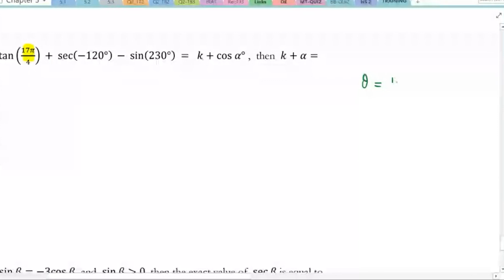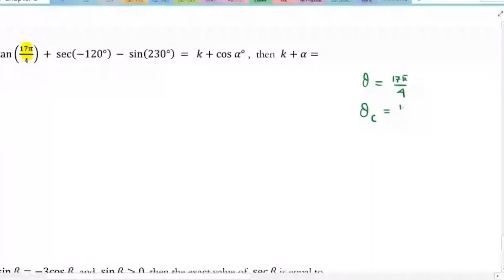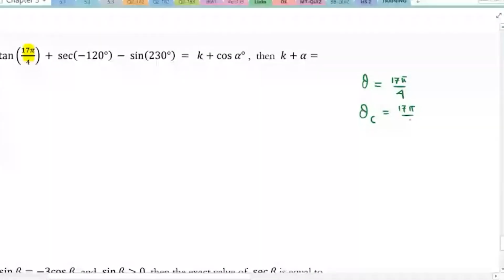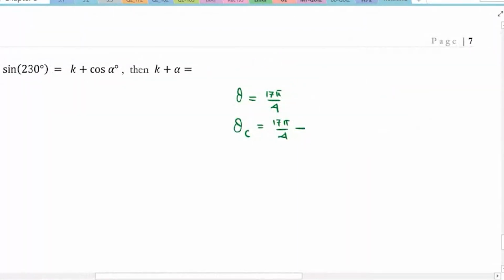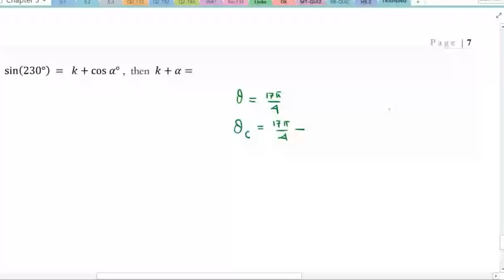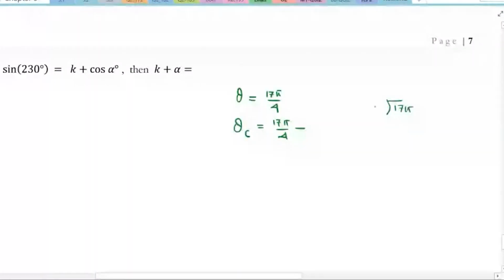Theta is equal to 17 pi divided by 4. What is the coterminal of this? 17 pi over 4 minus... We go around the circle more than one time. How do you know how many times you go around the circle? You see 17 pi divided by 4, and that is going to be equal to 4 pi.